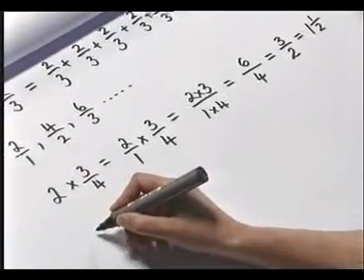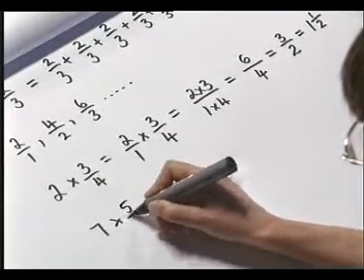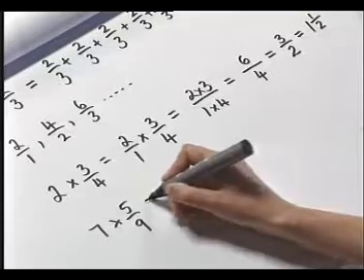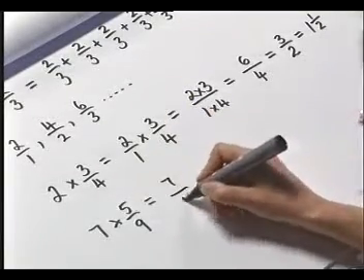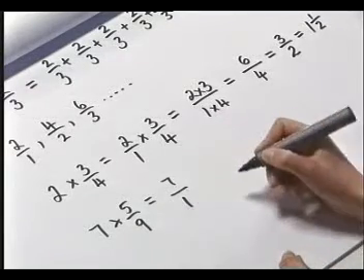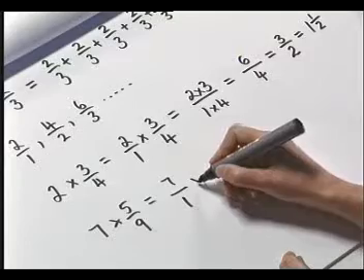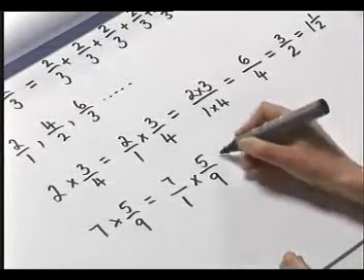Let's have a look at another example. This time 7 multiplied by 5/9. So let's turn our 7 into an equivalent fraction with 1 as the denominator, multiplied by 5/9.